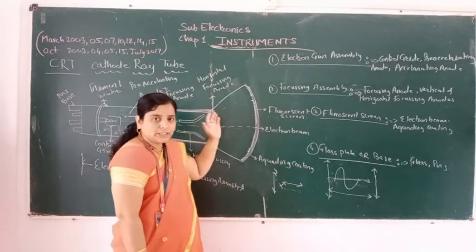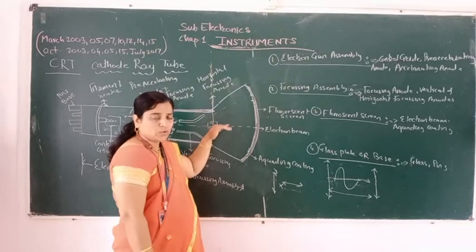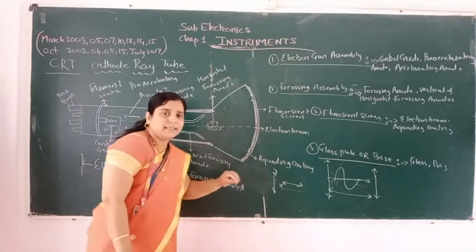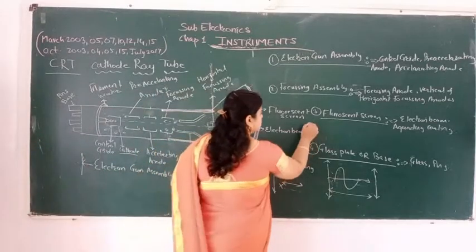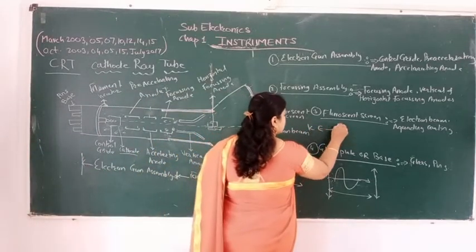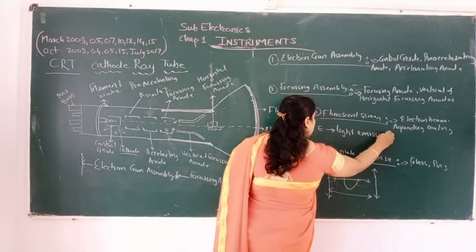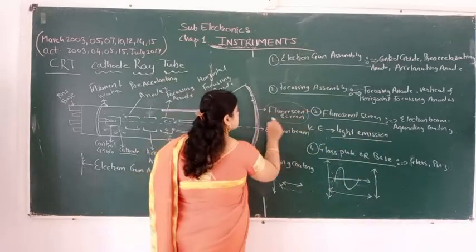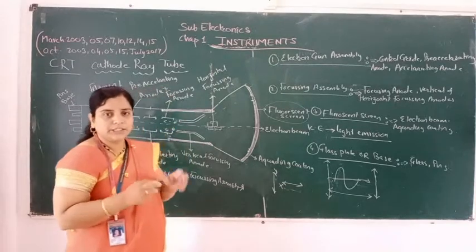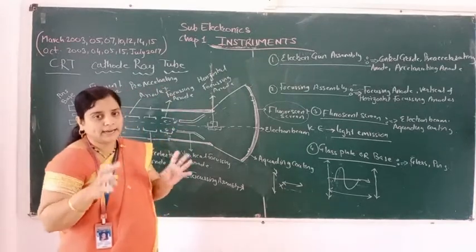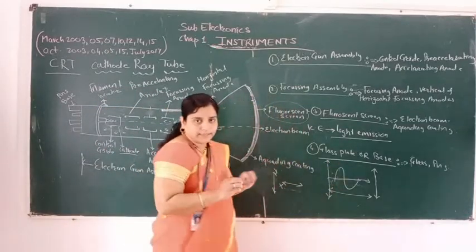When this beam comes with its kinetic energy, that kinetic energy is converted into light emission. So the fluorescent screen has the function of converting kinetic energy into light. It emits the light so that we can observe the waveform on the screen.